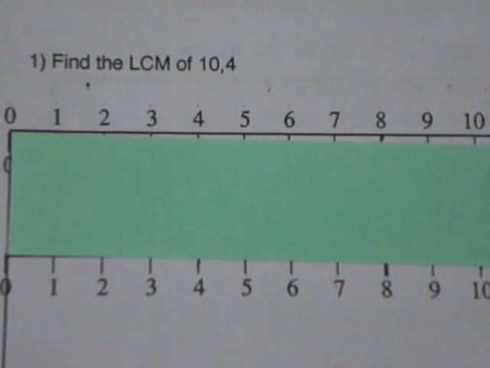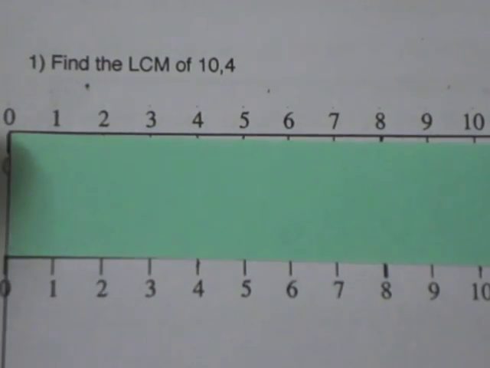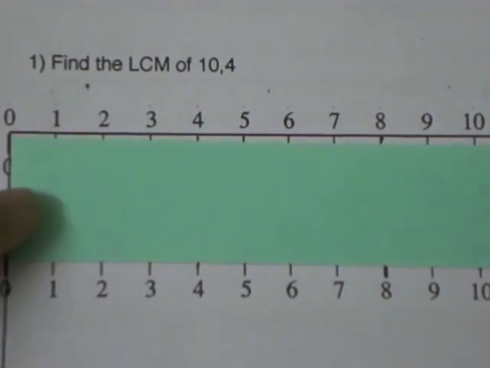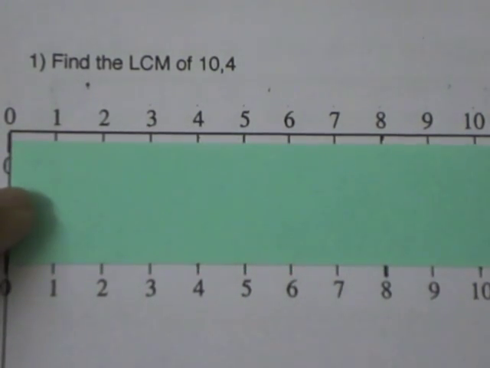For making pieces of green strip of size 4, make sure that you align this strip in such a way that it is in line with the left edge. Now we can use the marking which is provided on the worksheet to mark out pieces of 4.